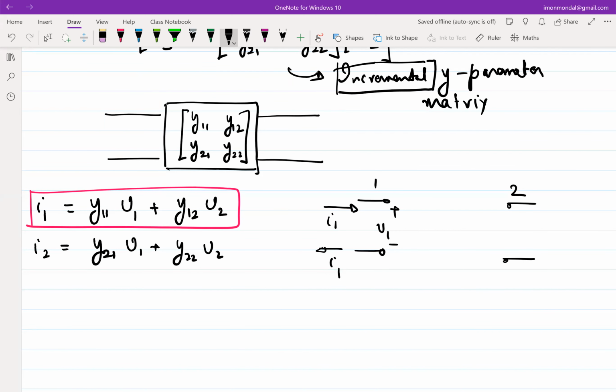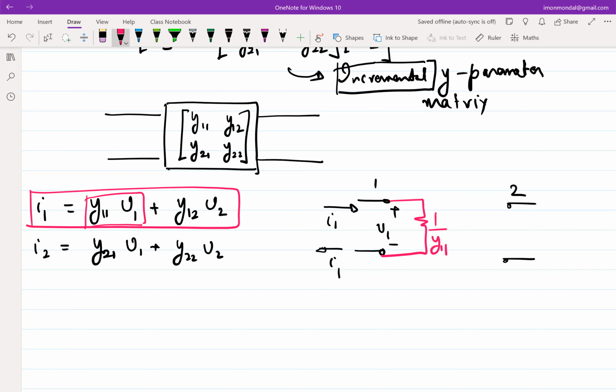And if we assume all the y parameters are positive real numbers, then what can you comment on the type of element that Y11 represents? It's a conductance of value Y11, or resistance of value 1 over Y11. So this takes care of the first term.